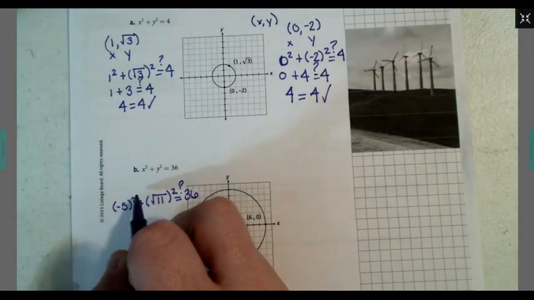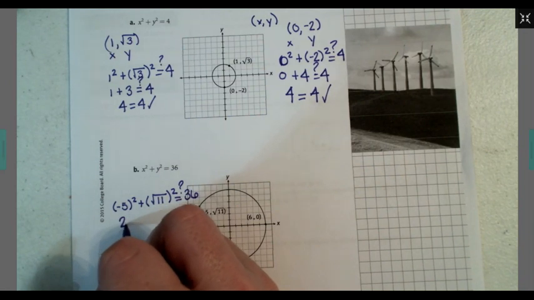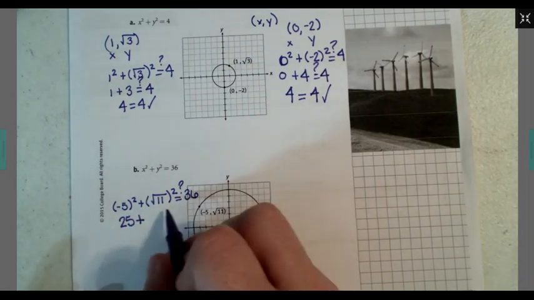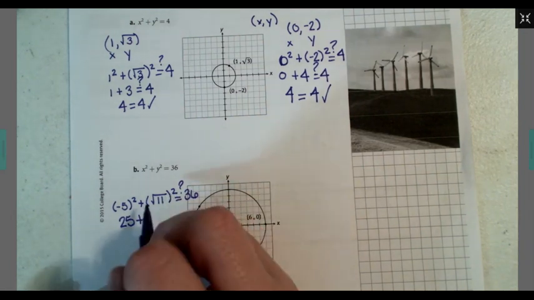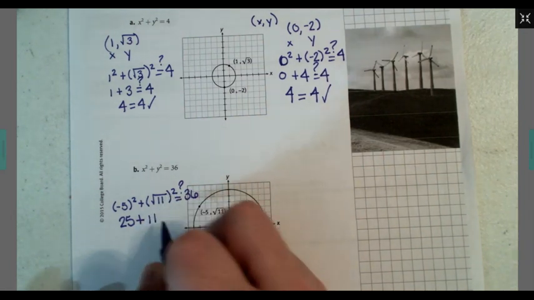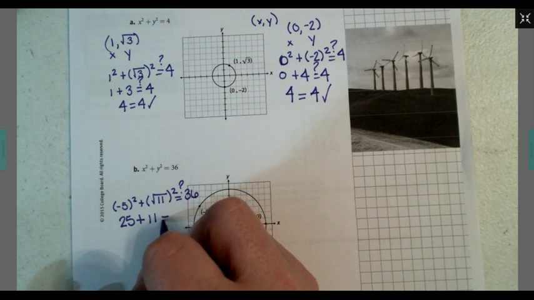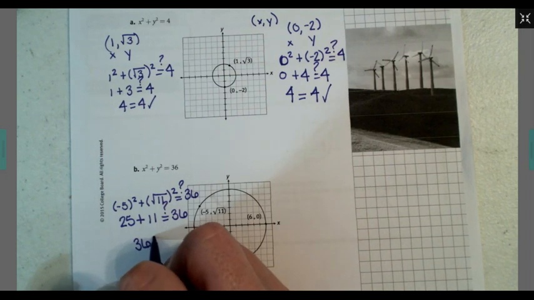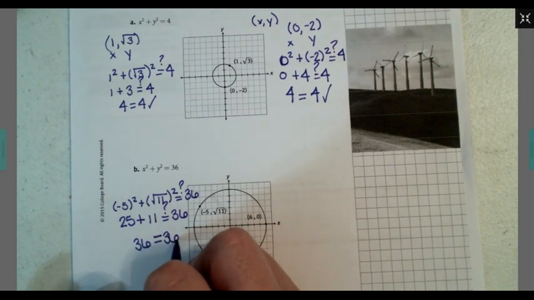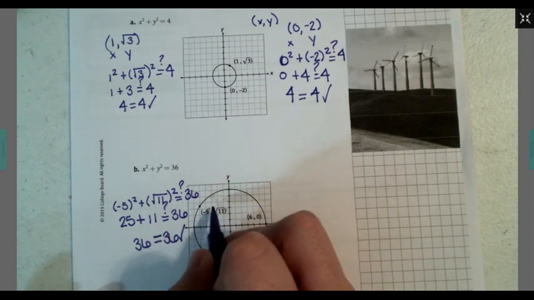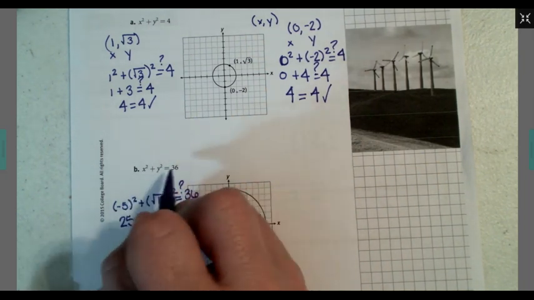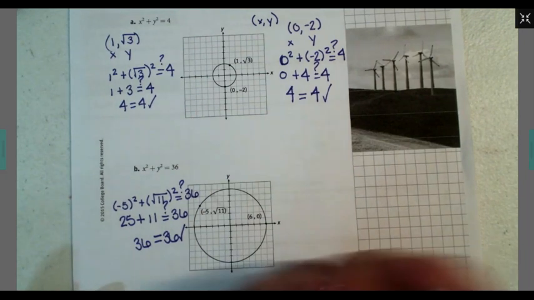Well, -5 to the second power is positive 25, and the square root of 11 to the second power is 11. And does that equal 36? Yes, 25 plus 11 does indeed equal 36. So this point is indeed satisfied by that equation.